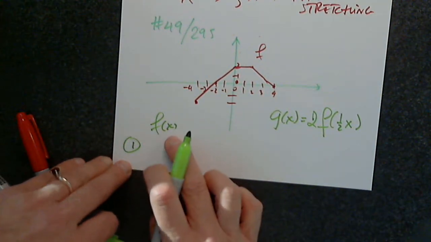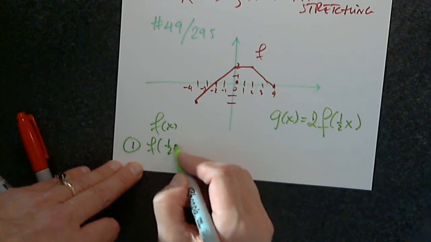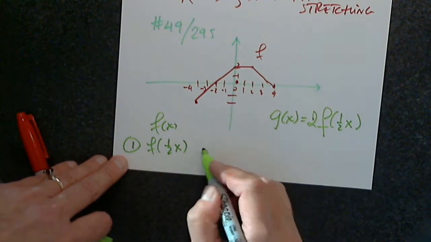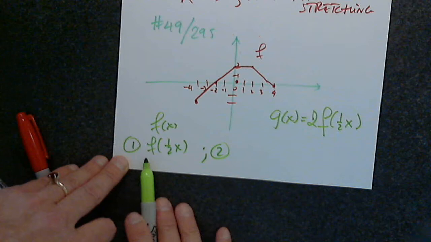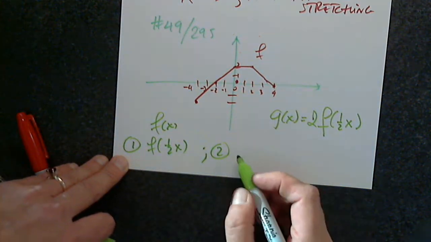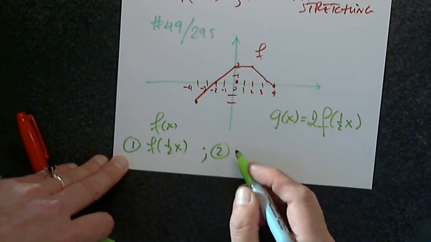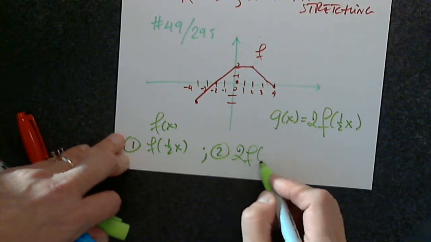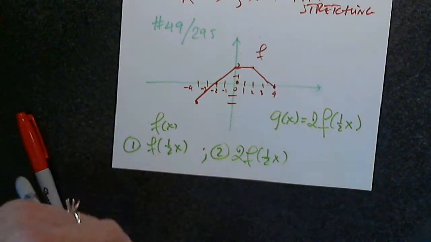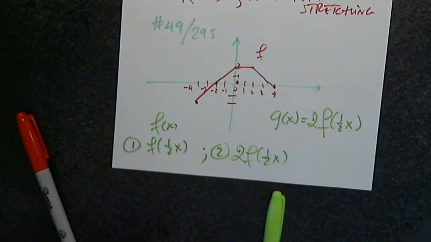The first transformation of f of x will be f of 1/2 x. And the second transformation will be on f of 1/2 x, and which will be? Very good. Exactly. Excellent.